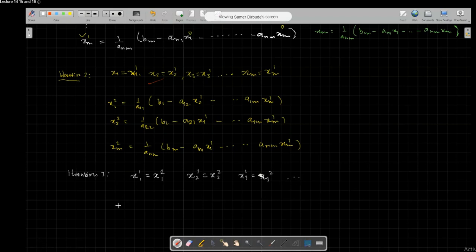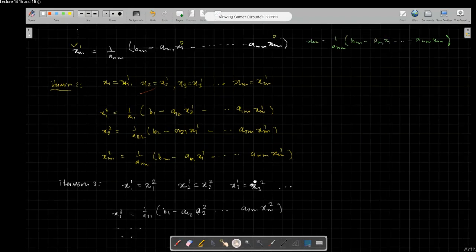Likewise, you can continue, and then again you calculate x1^3, the third iteration, which is equal to 1 over a11 times b1 minus a12 x2^2, and so on up to a1n xn^2. Okay, so the previous iteration is 2. So likewise you can do the iterations.